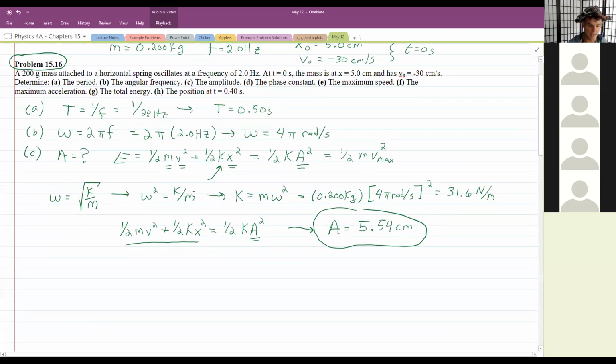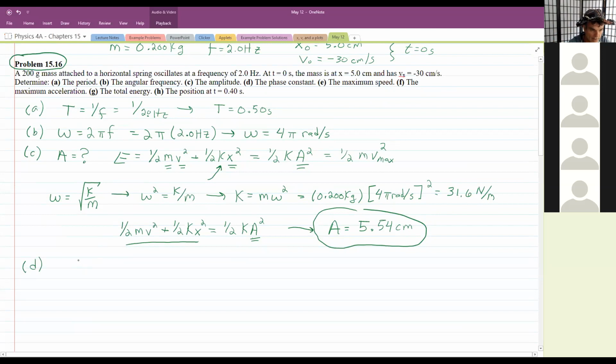D, the phase constant. So again, anytime you want the phase constant, you're looking at what is the initial position. You're going to solve for the phase constant, and you're going to get two different values. You need to figure out which value to use by the sign of the velocity.